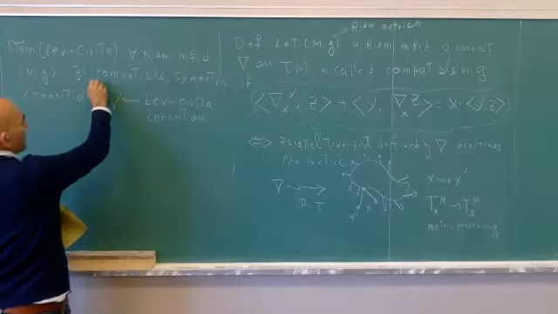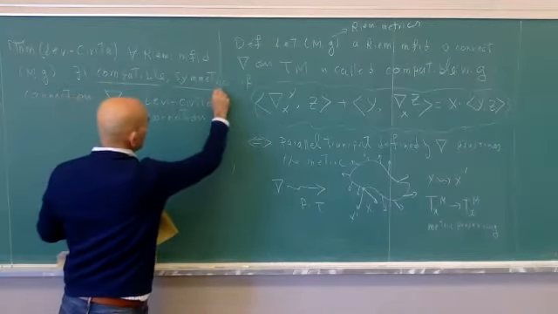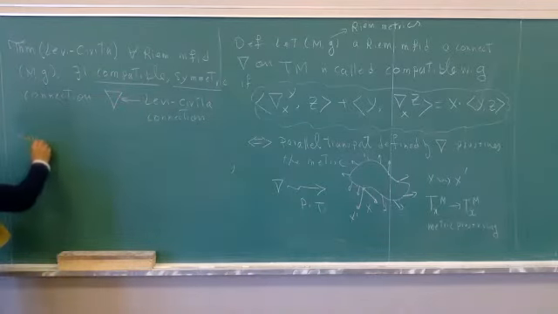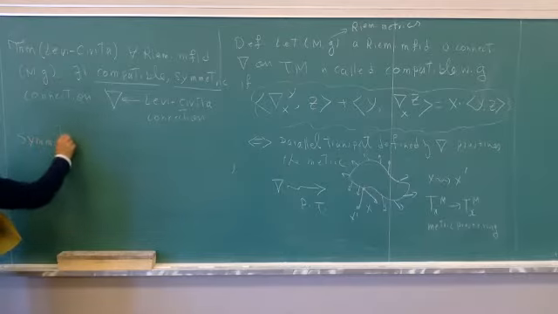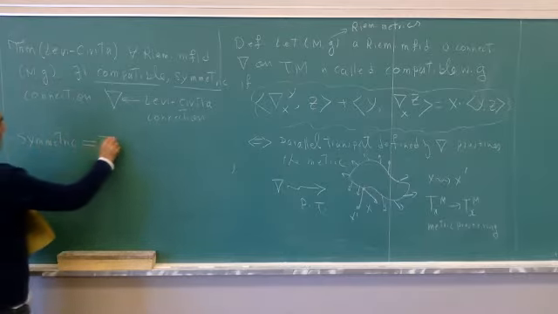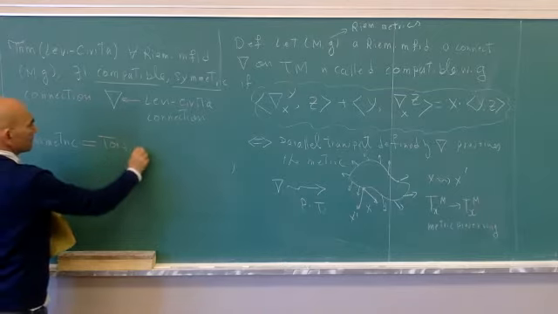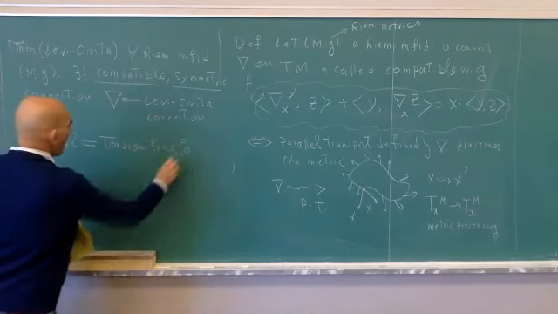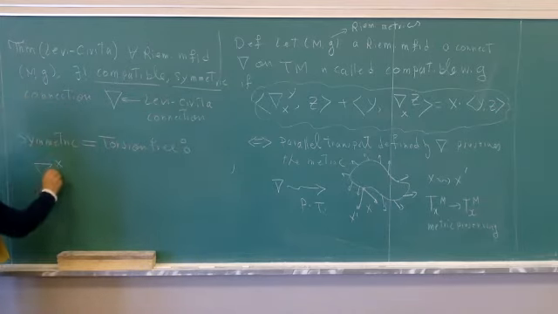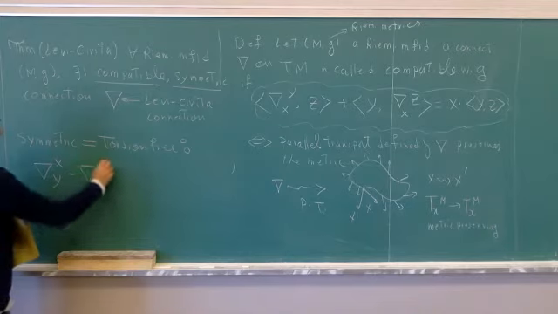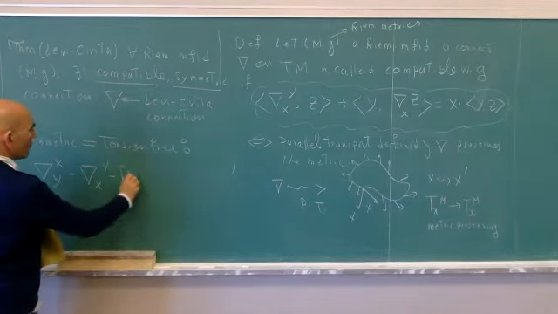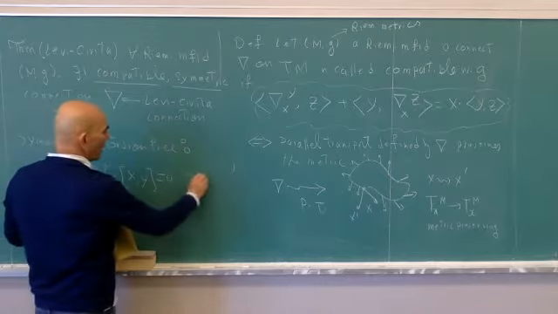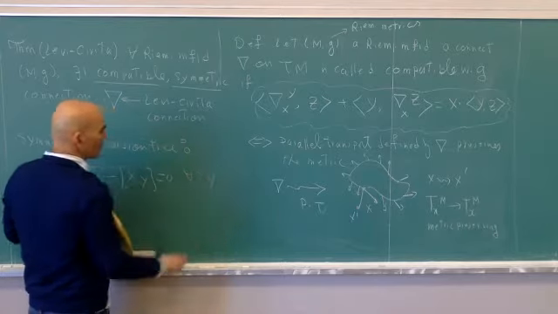I defined compatible already, so I have to define for you what symmetric means. Symmetric is the same as torsion-free, and it means the following: nabla_x y minus nabla_y x minus bracket of x and y equals 0 for all x and y smooth vector fields.